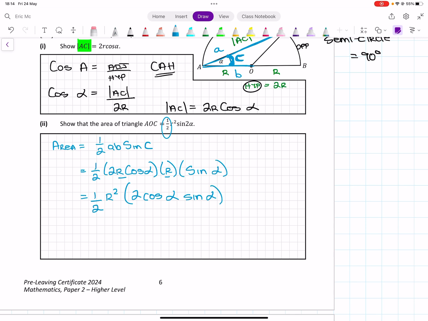Okay, so I'm going to go back into the formula and tables book and hope that that is one of the identities from the trigonometry part. Cos alpha sine alpha. Yes, it is. Hang on, let me show you. I'm back on that same page where I got the formula the previous time.